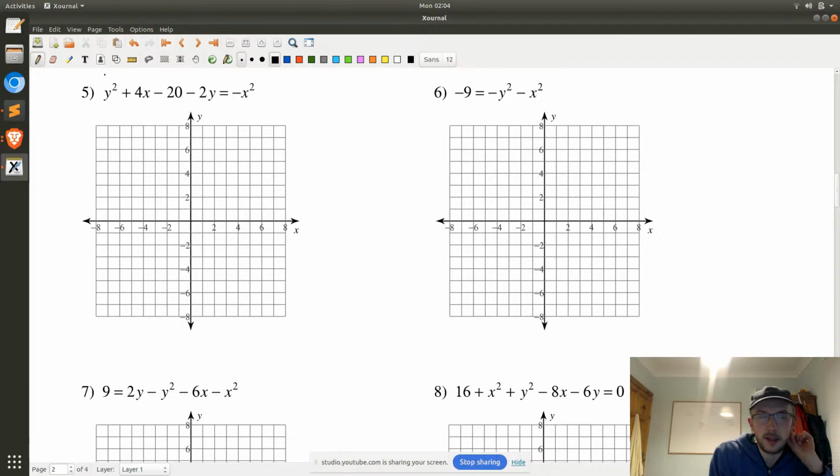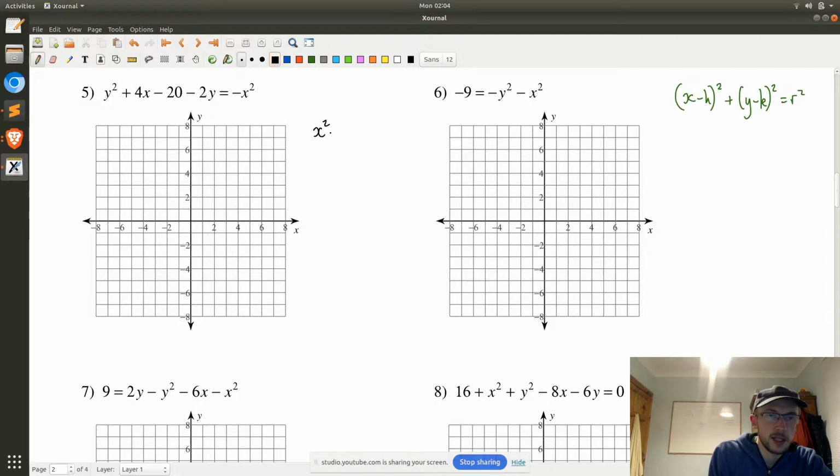Okay, so this isn't in the HKR form. By HKR I mean (x minus h) squared plus (y minus k) squared equals r squared. That's a typical form for a circle. So I need to make it in that form. So I'll use this space here to rearrange things.